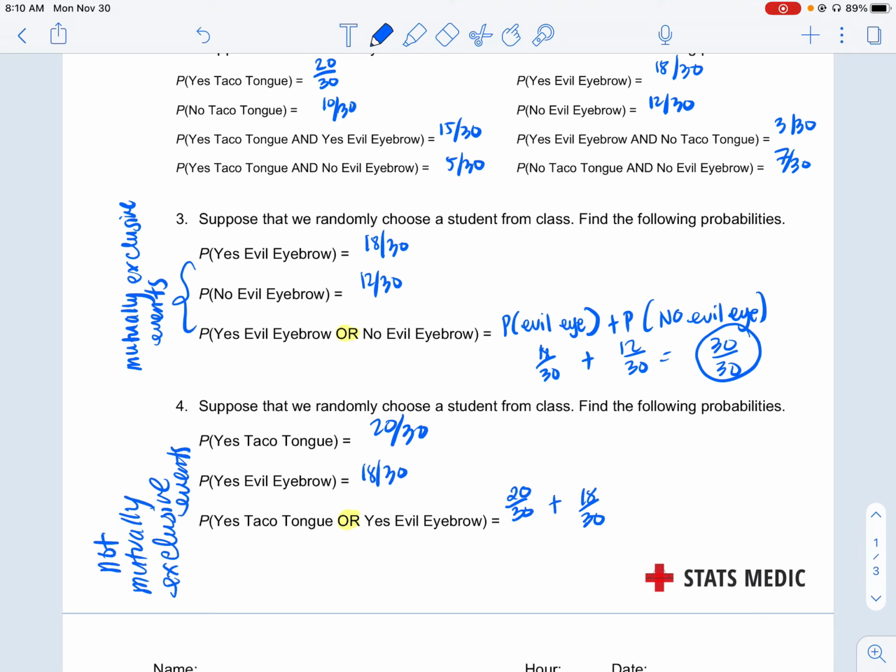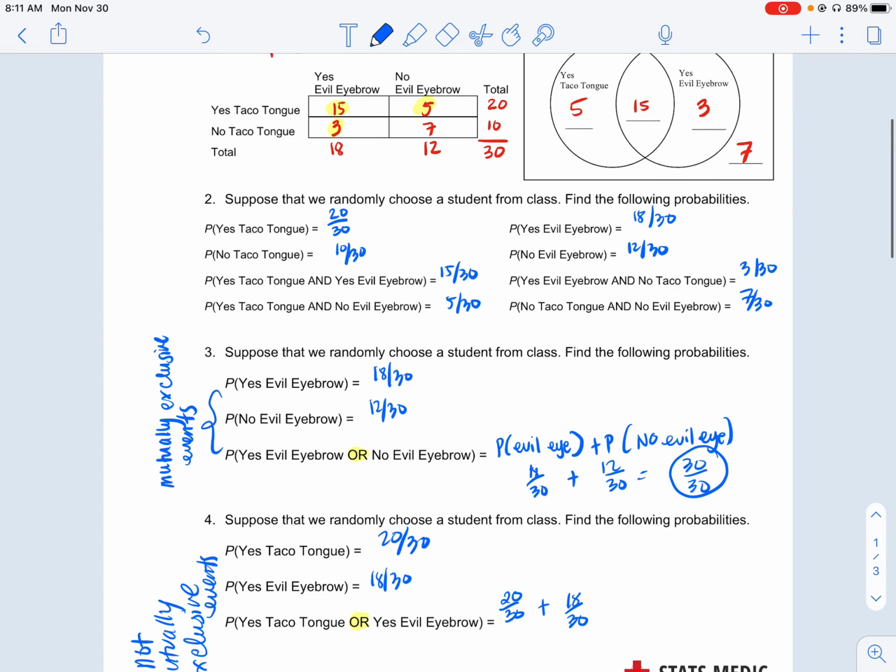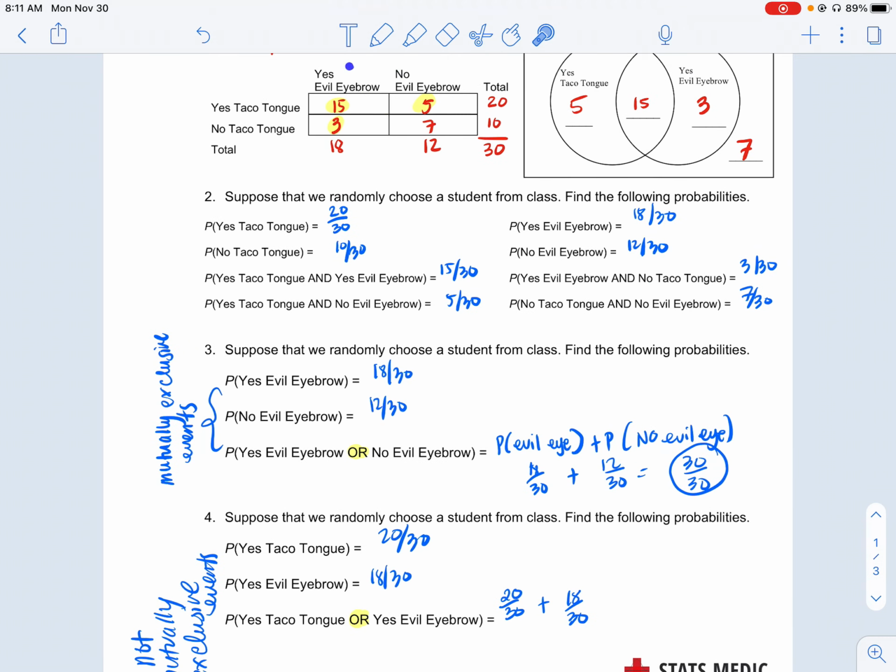Can you do a taco tongue and at the same time do an evil eyebrow? I will repeat. Can you do a taco tongue and at the same time do an evil eyebrow? Are there students in this class that can do both? Let's check. 18 of the students were able to do evil eyebrow.